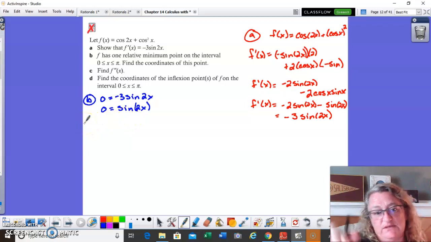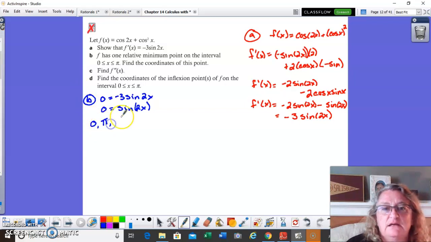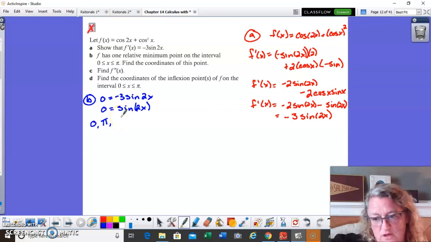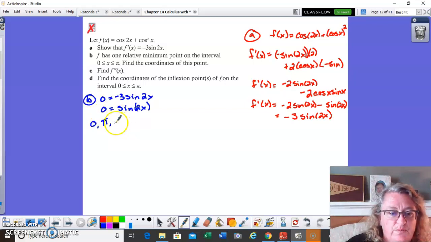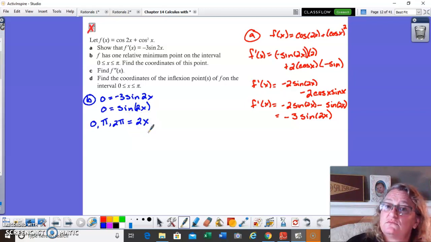The y-coordinate equals 0 at 0 radians, at pi radians, and then going the full circle, it happens again at 2 pi, right? So the reason I said go ahead and do all of those, even though it said we're only staying between 0 and pi, is that that's not what x equals, that's what 2x equals.